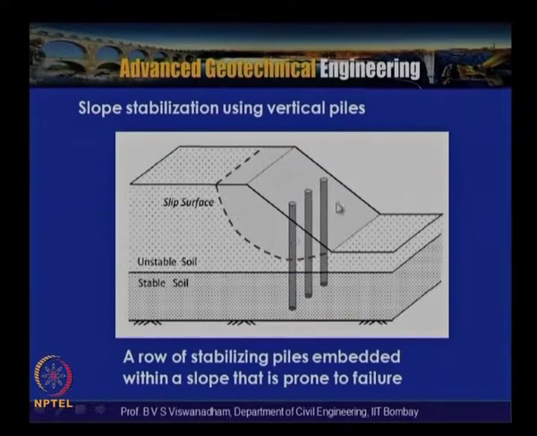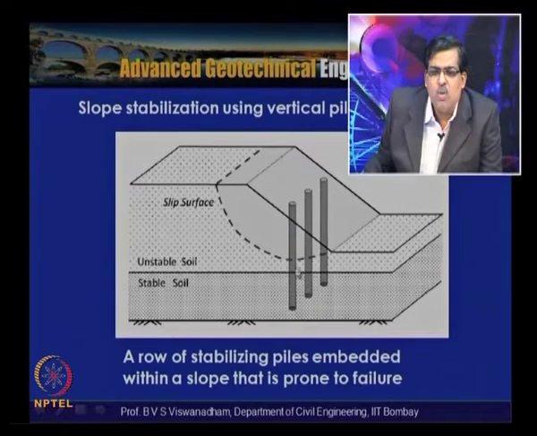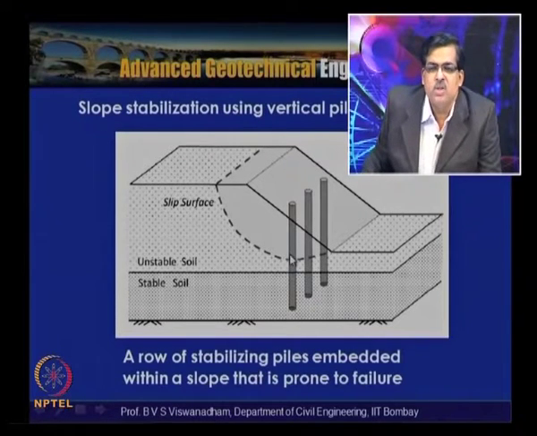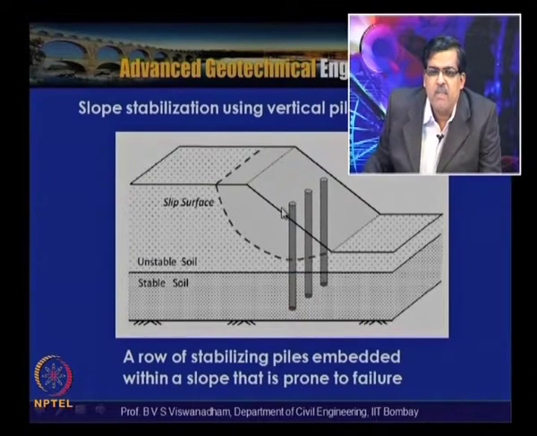Assume that the piles are placed in a row of stabilizing piles embedded within the slope which is prone to failure. That is what this sketch shows. The distance between these two is called the spacing of these piles, and d is the diameter.